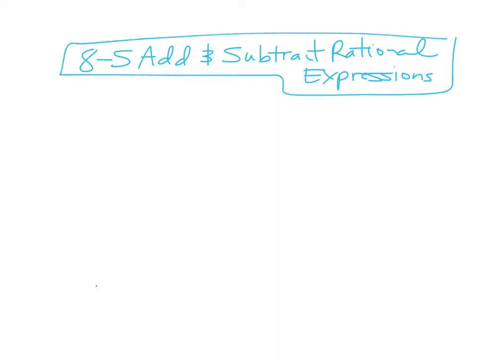Okay, so we're going to add and subtract rational expressions. Just as a starter, when you're adding rational expressions, we're essentially adding fractions. What do you need to add a fraction to another fraction? A common denominator, okay?